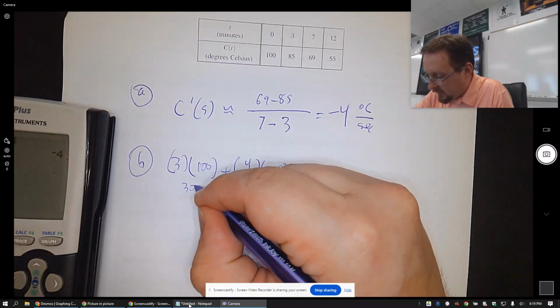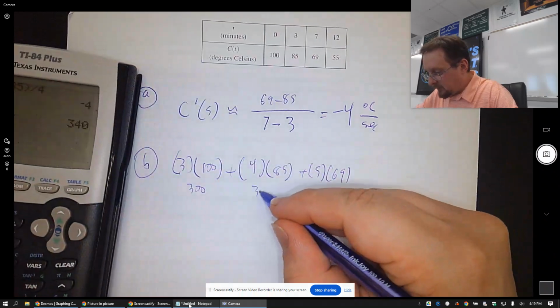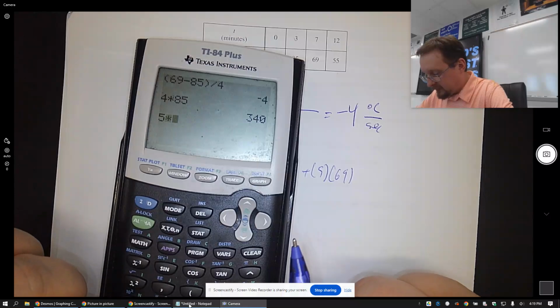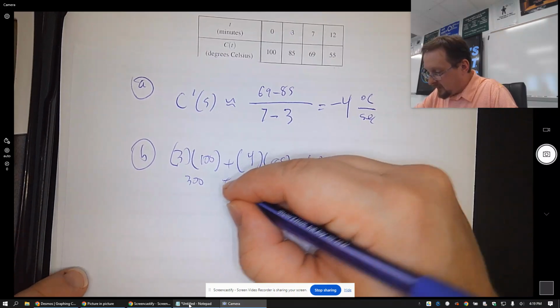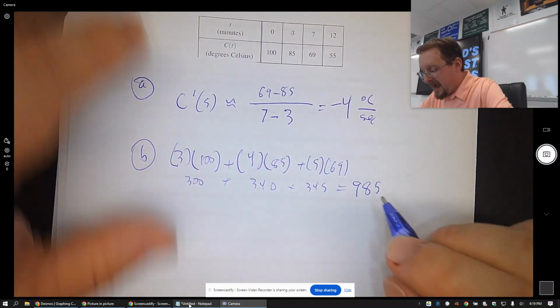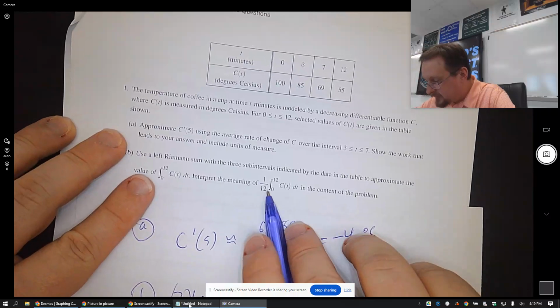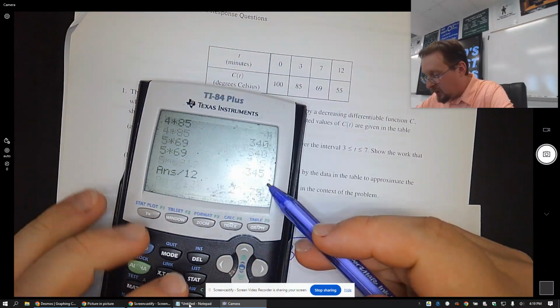So we got 300, then 4 times 85 is 340, and 5 times 69 is 345. So this is 985. Okay, now it says interpret the meaning of this, which is 1/12 as much.